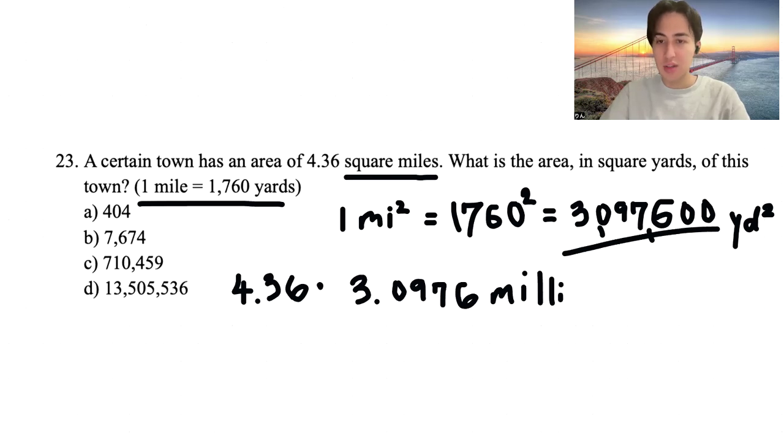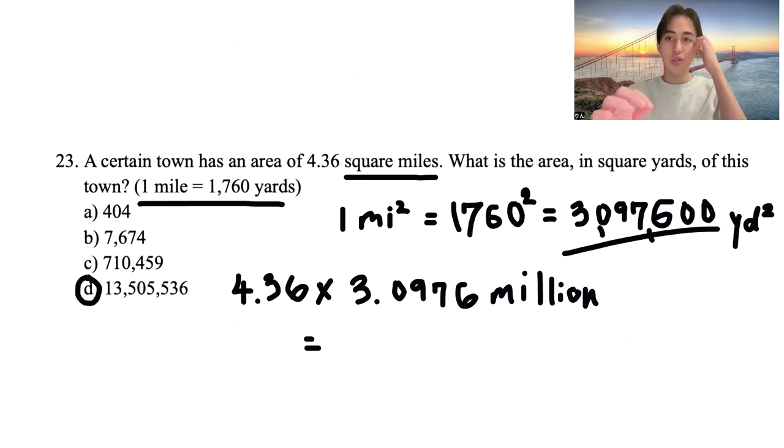Once you plug that into the calculator, 4.36 times 3.0976 million, you would get 13,505,536 as your answer.